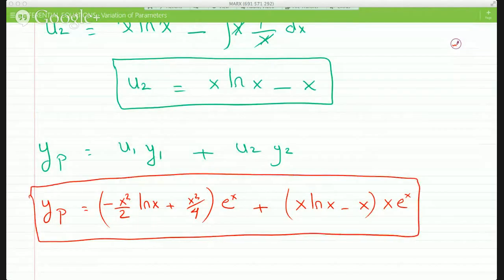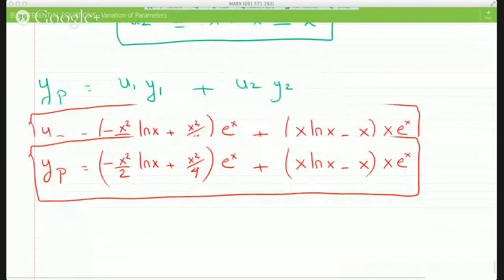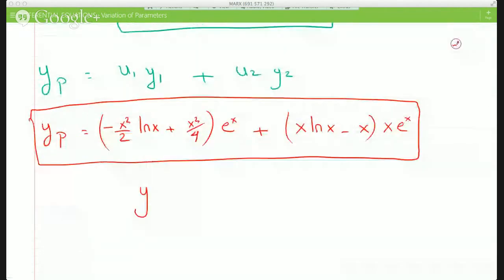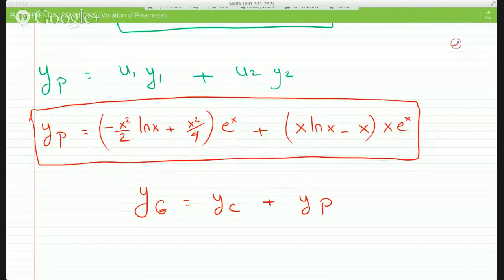And y general is of course y complementary plus y particular, the one for the homogeneous plus the one for the non-homogeneous.